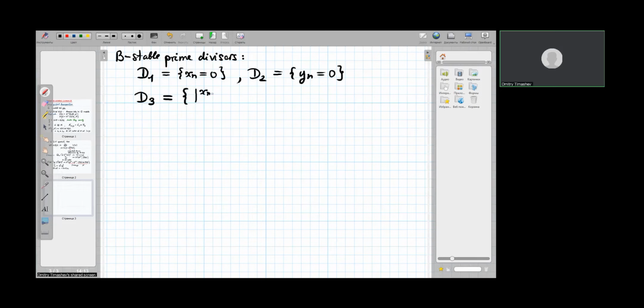So this determinant has x_{n-1}, x_n as the first column, and y_{n-1}, y_n as the second column. Let me denote this determinant by delta of x, y. So the third b-stable prime divisor is given by setting this delta to 0.